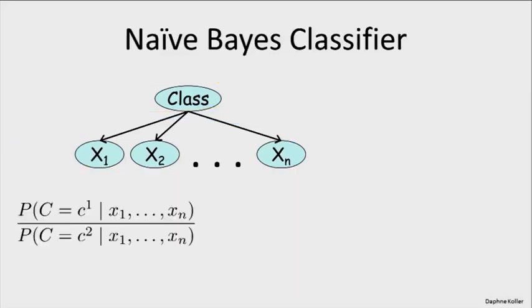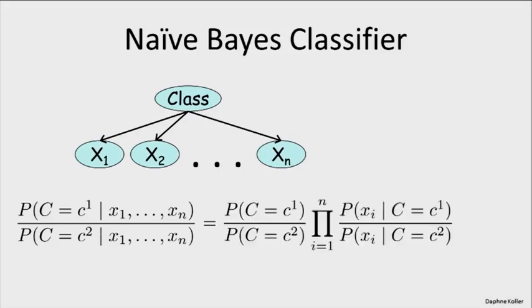To understand this model a little bit better, it helps also to look at the ratio between the probabilities of two different classes given a particular observation, that is a particular assignment x1 up to xn to the observed features. If we look at this ratio, we can see that it can be broken down as a product of two terms.